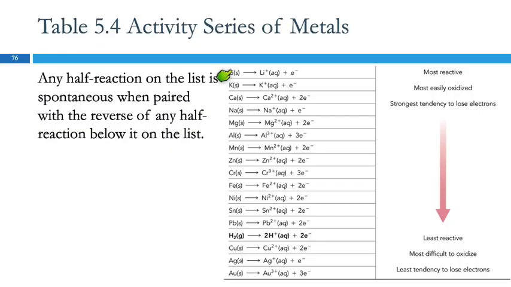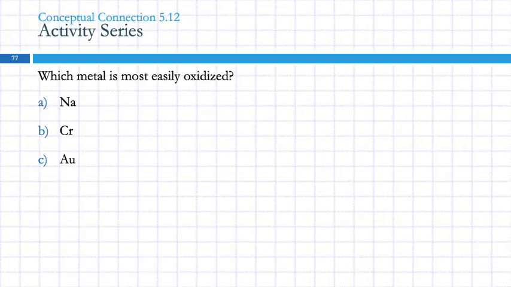So we go look at the list. Oh, sodium's right up there. So sodium's highest on the list, which means that if sodium shows up at this party and chromium or gold come with a date, they're going to lose her, right? So sodium is the most easily oxidized.